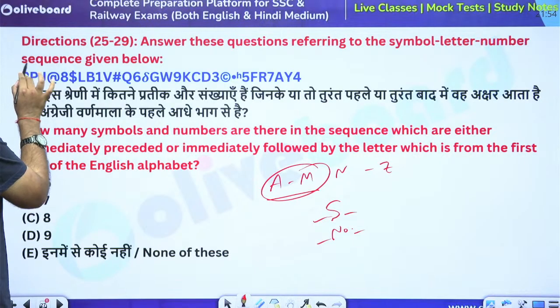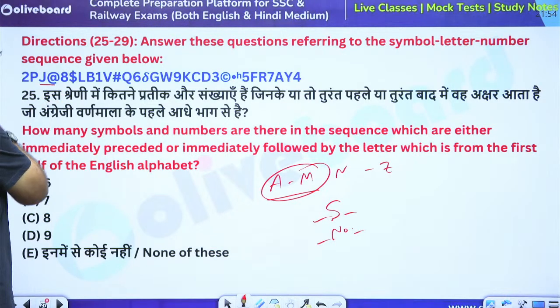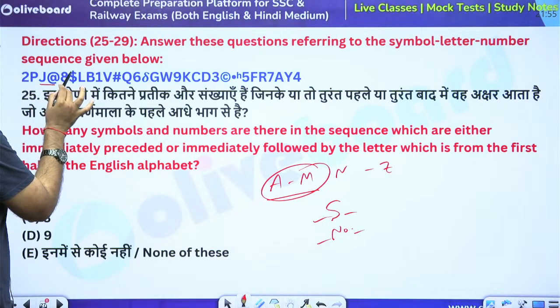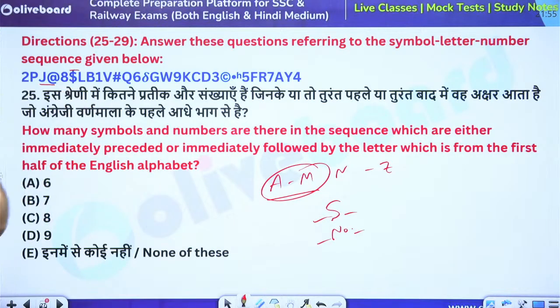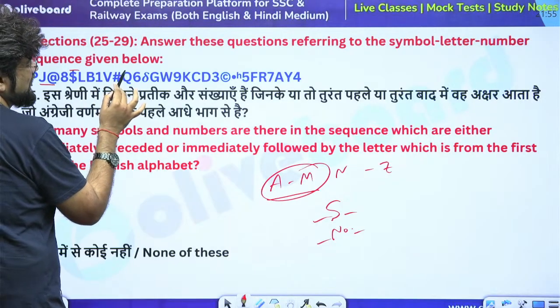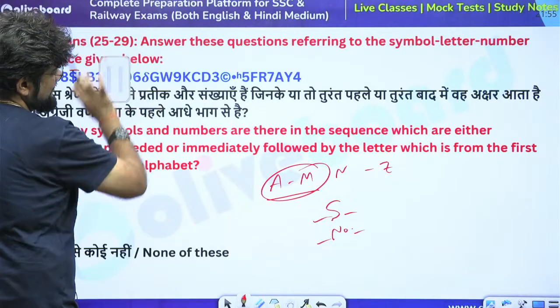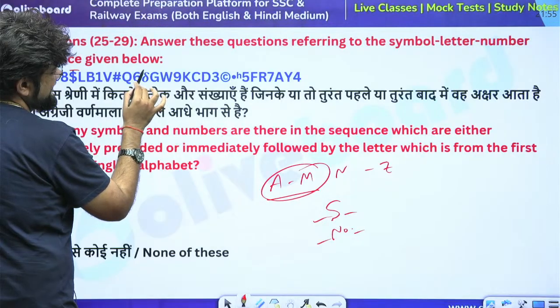Number P, no. Symbol J. Okay. Number, no. Symbol L, 12 will be counted. Symbol V, no. Symbol Q, no. Symbol 6, no. 6Q, no. Symbol G, yes.